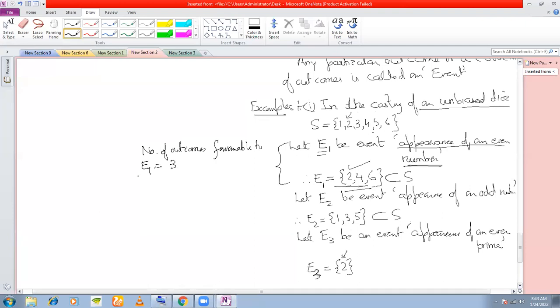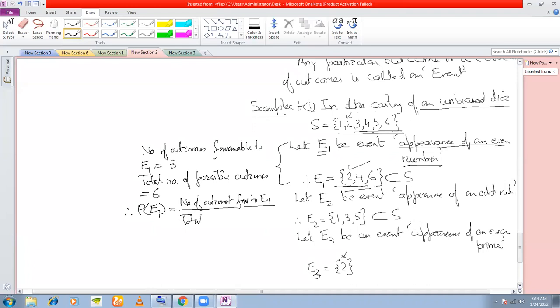And how many total possible outcomes? 6, because the sample space contains 6 outcomes. Therefore, the probability of E1 is the number of outcomes favorable to E1 divided by the total number of possible outcomes, which is 3 by 6, equal to half.